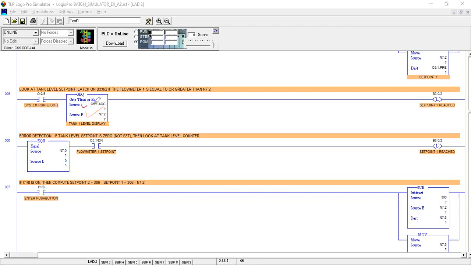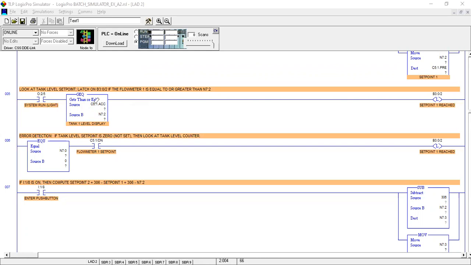Okay. So the GEQ, greater than or equal to instruction, has two parameters, source A and source B. In the source A, we are putting the counter accumulated value. Okay, counter 5.1 addressing number instruction to the counter, it will have the accumulated value in the source A, and in the source B we have to put the integer value.